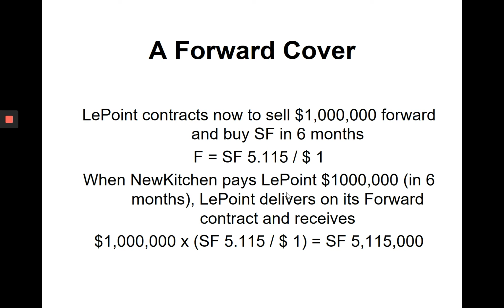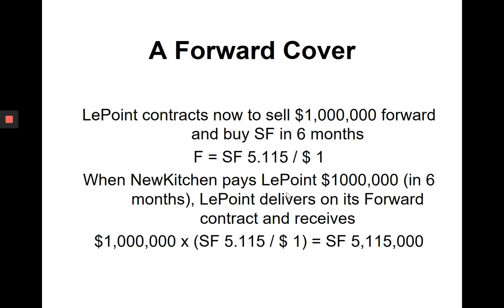That fixed price is the forward price, and that's 5.115 Swiss francs per $1. And of course, this forward price is available from our friendly banker, right? When New Kitchen pays La Pointe $1 million, and that is in 6 months according to this contract, if they don't go bankrupt, then La Pointe delivers on its forward contract. We perform.